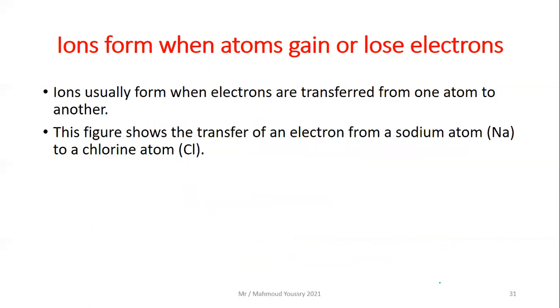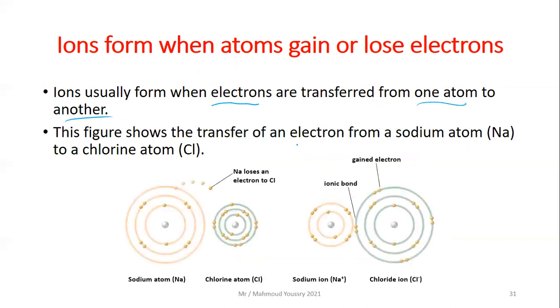This is very important: ions usually form when electrons are transferred from one atom to another. This figure shows the transfer of an electron from a sodium atom to a chlorine atom. As you can see, this is sodium, Na 11, and this is chlorine, Cl 17.